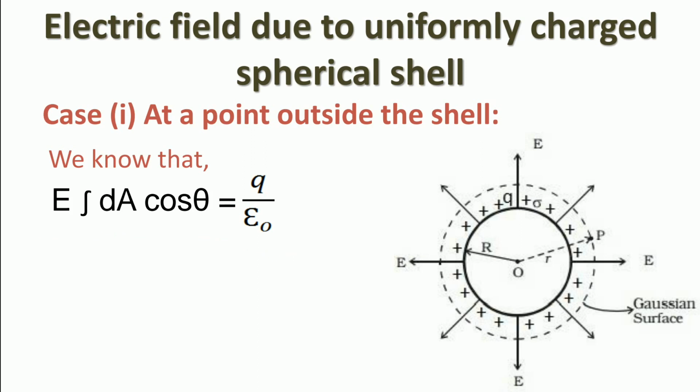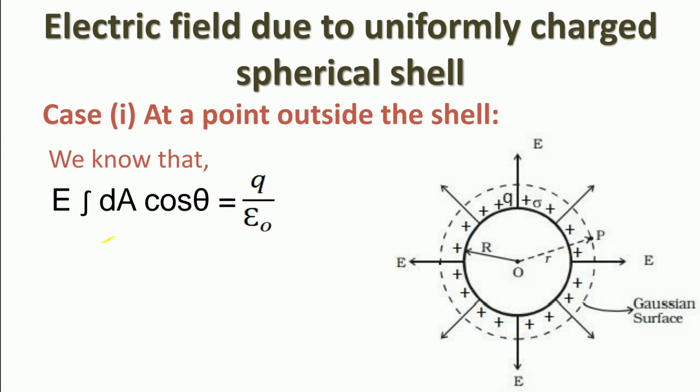Now we need to apply the conditions. The direction of the electric field and the direction of the area vector will be parallel to each other, because the electric field is perpendicular to the surface and the area vector is also perpendicular to the surface. That's why we will take theta as 0.